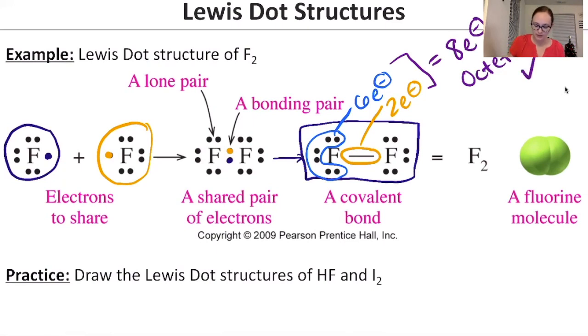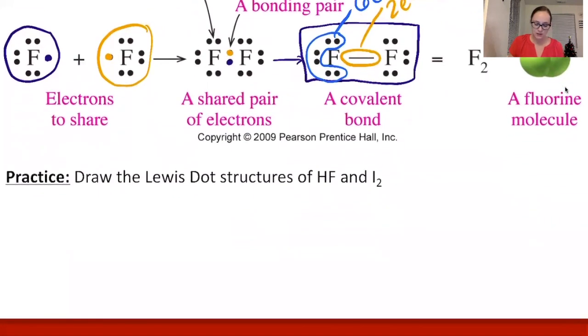Okay, so let's do 2 practice molecules. We'll have HF and I2. So let's start with the first one, HF. So I'm going to draw each atom separate with its number of valence electrons. So hydrogen is in group 1, so it has 1 valence electron. And then fluorine is in group 7. It's going to have 7 valence electrons, so I'll draw 1 on each side, 3, 4, and then I'll start doubling, 5, 6, 7.